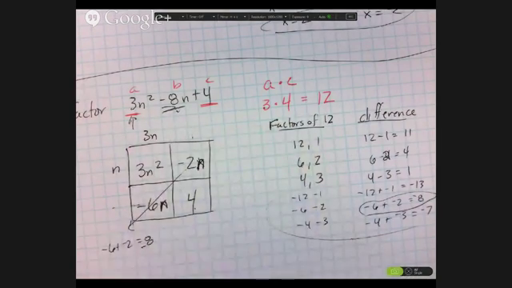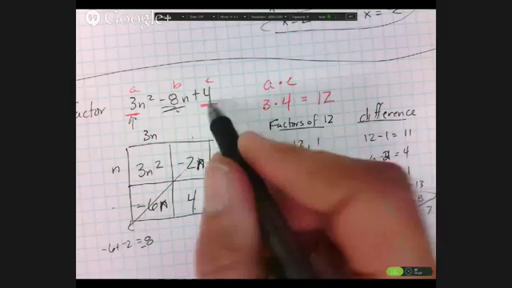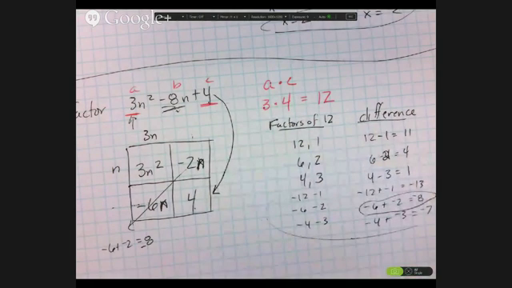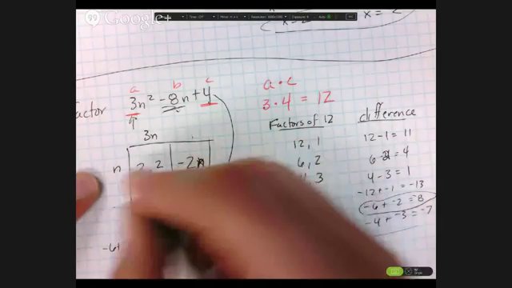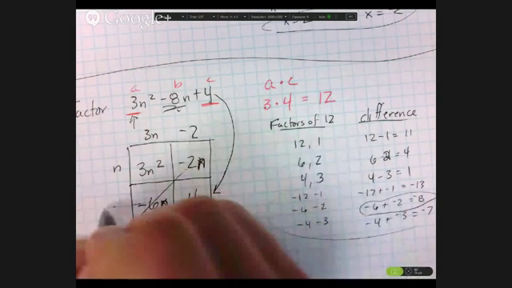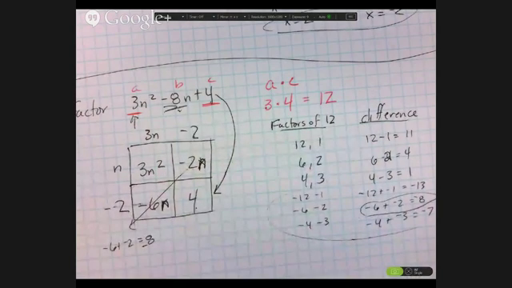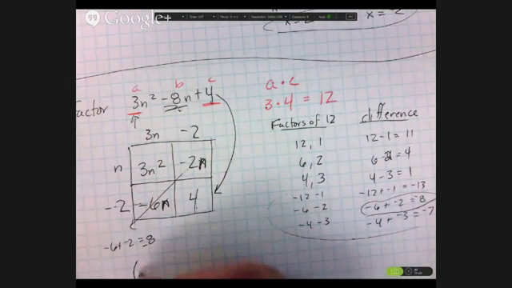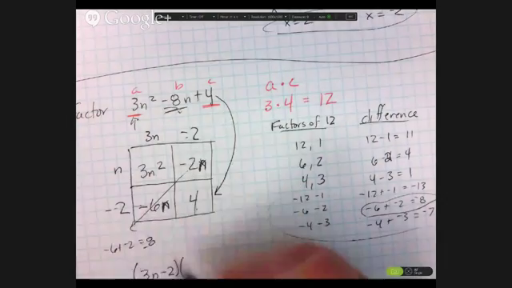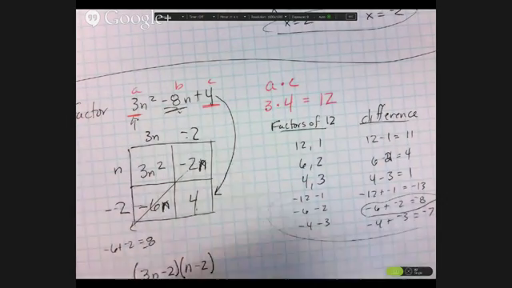Wait, how are you getting the negative 2n and the 4? The 4 is from here. So this here has to be negative 2. That has to be negative 2. Hey, it worked. So what are my factors? 3n minus 2 and n minus 2. Oh, done.